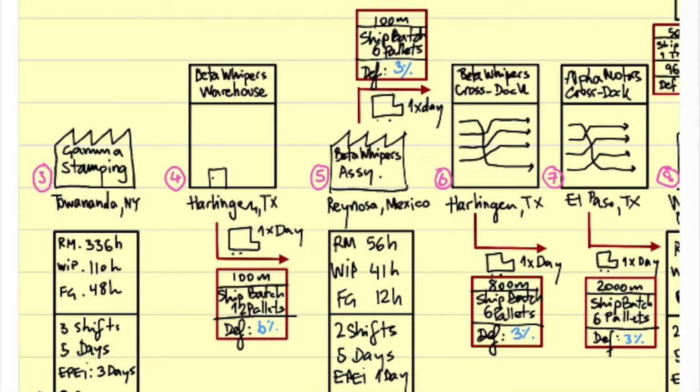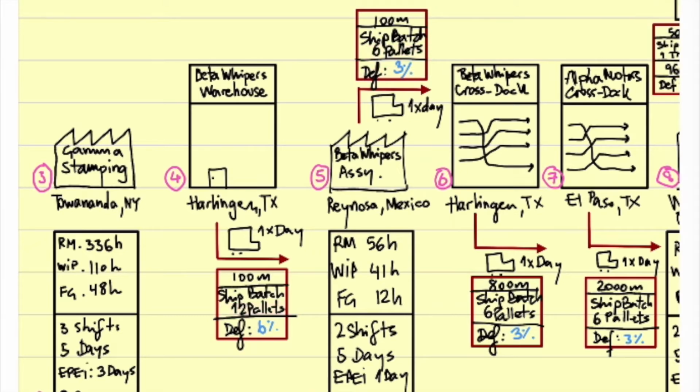If we increase the shipping batch, the size of the material that we deliver, then the defects increase linearly. You see? We double the shipping batch, the defects double.